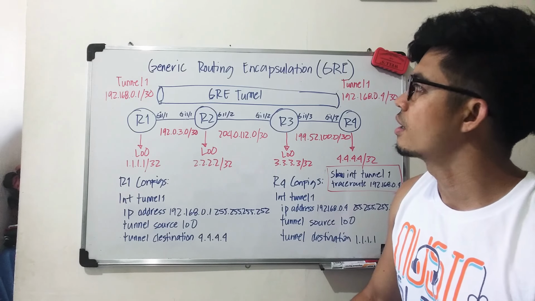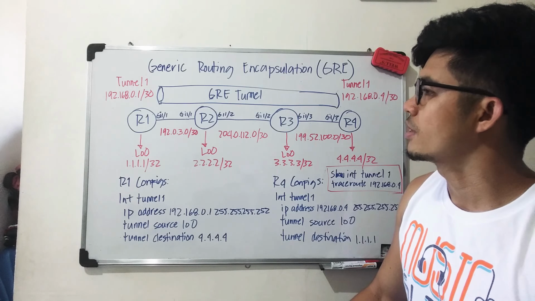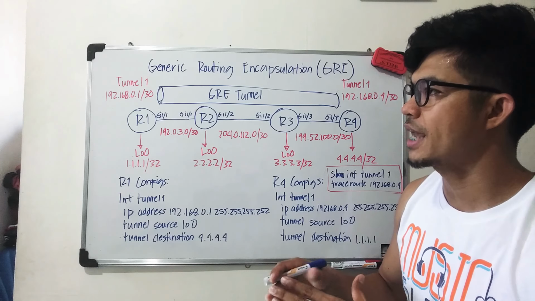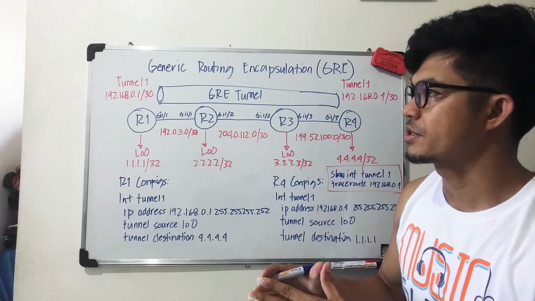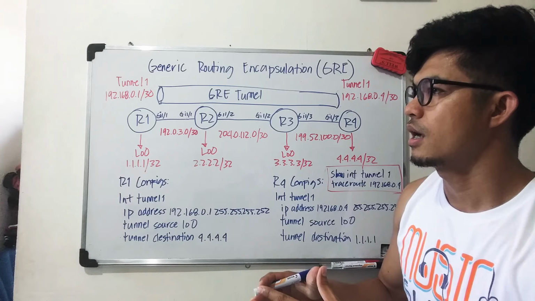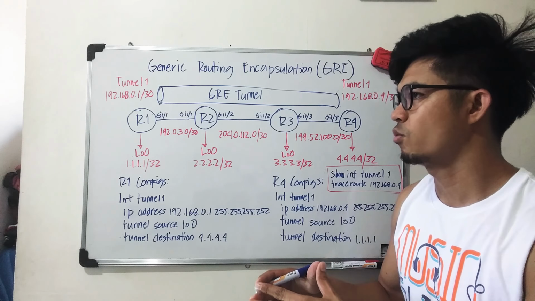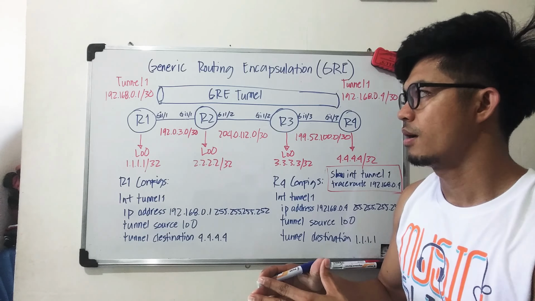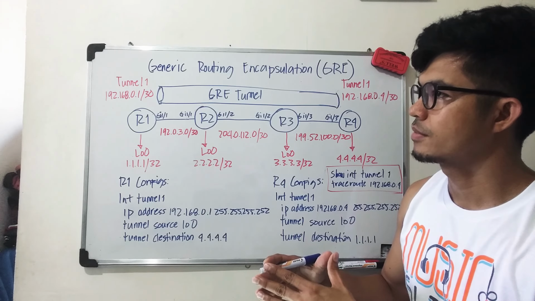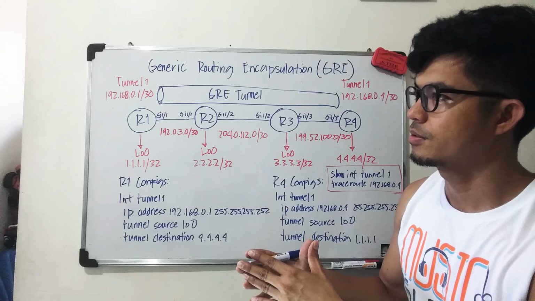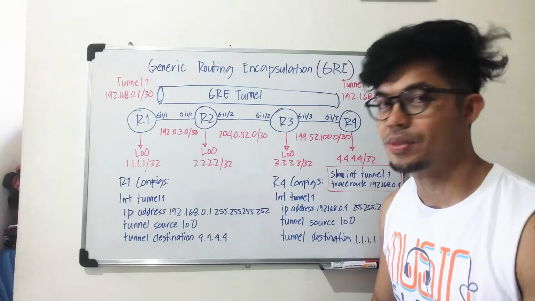So we use GRE to encapsulate those multicast packets, and the resulting packets are unicast packets, which IPsec can then encapsulate.